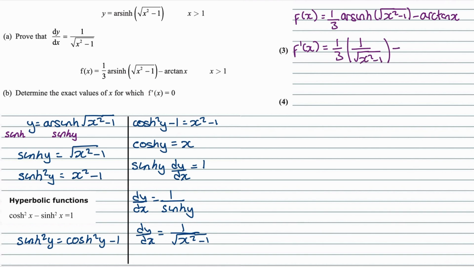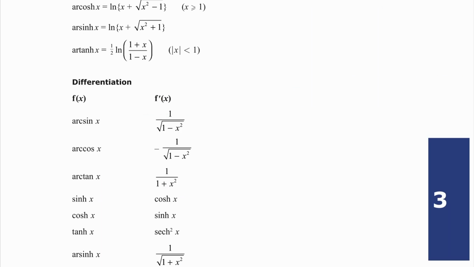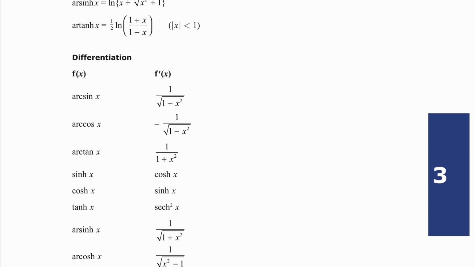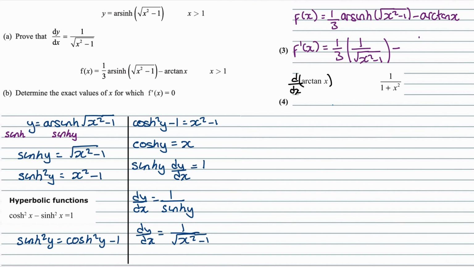And now we need to differentiate arctan of x. This is a standard derivative given in the formula booklet. You can see that the arctan of x differentiates to make 1 over 1 plus x squared. So we can write this as minus 1 over 1 plus x squared.